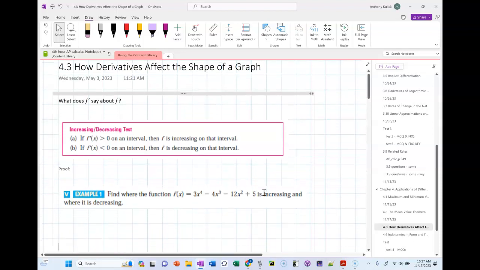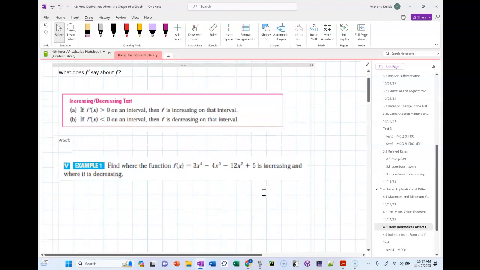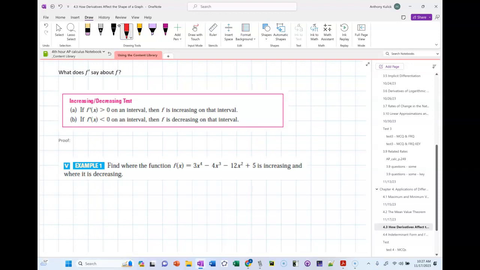So let's do an example here. It says, find where the function f of x is equal to yada, yada, yada is increasing and where it is decreasing. So to do that, I'm just going to start by looking at the derivative. And then I'm going to find where the derivative is 0.